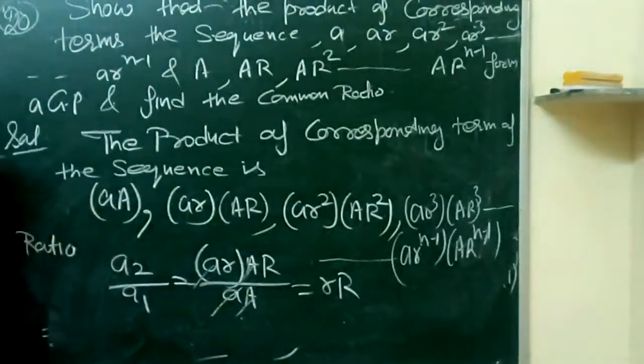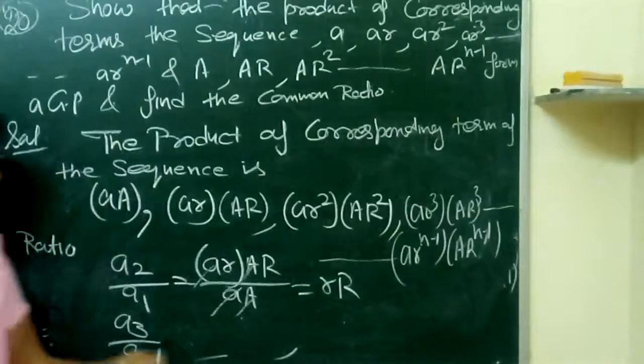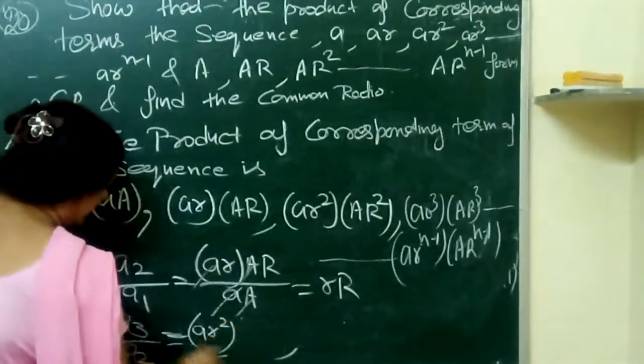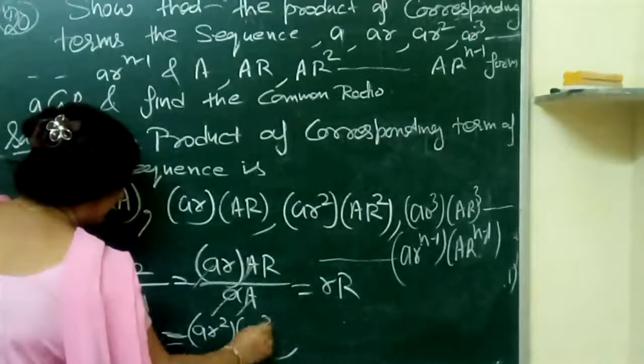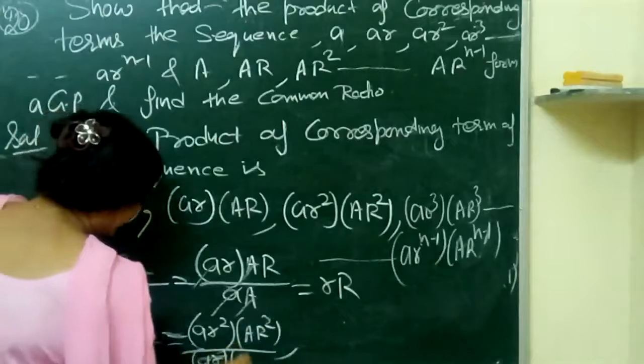Now similarly A3 upon A2 will come ar square into AR square upon ar into AR.